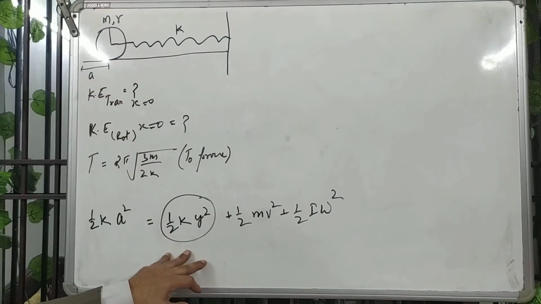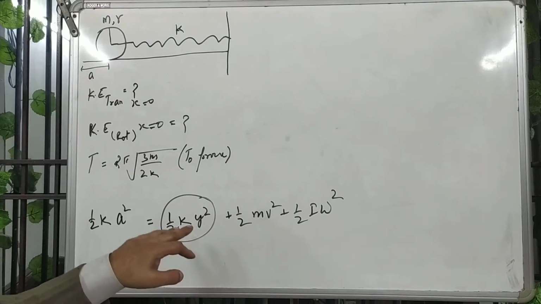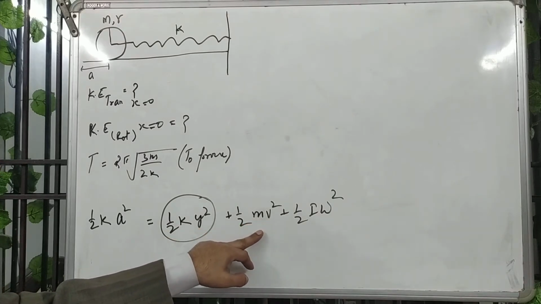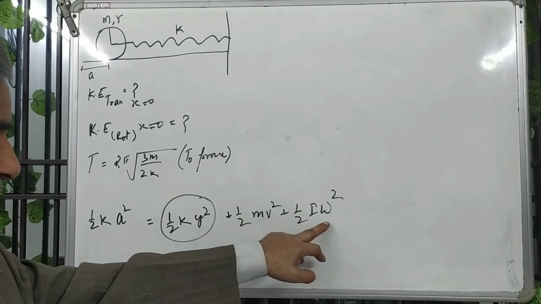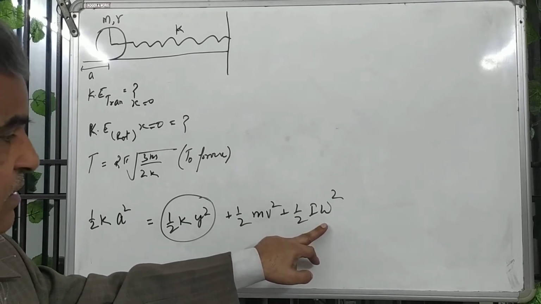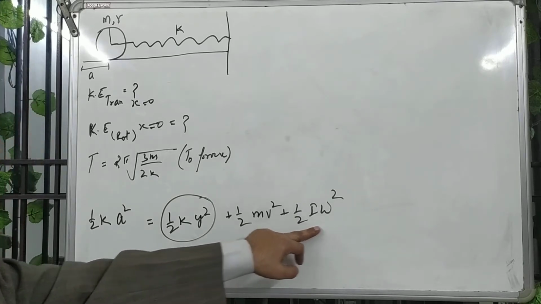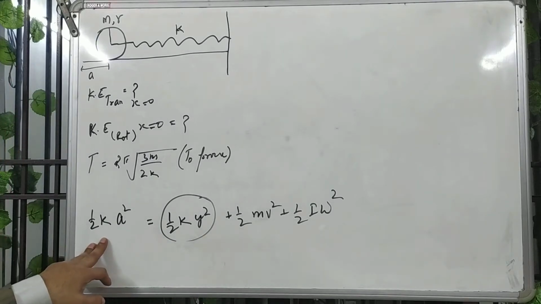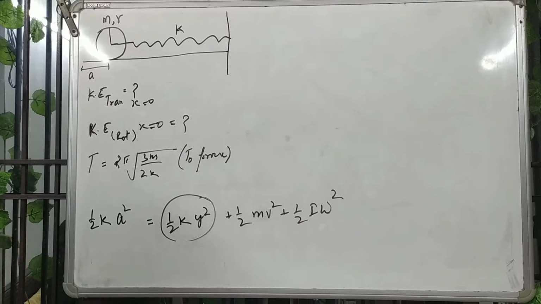There will be no extension or compression in the spring, so the potential energy of the spring will be 0. There will be translational kinetic energy and rotational kinetic energy, but this total energy will be equal to the energy at the extreme position. Energy conservation, this is the law.